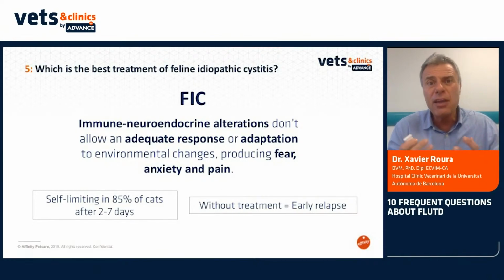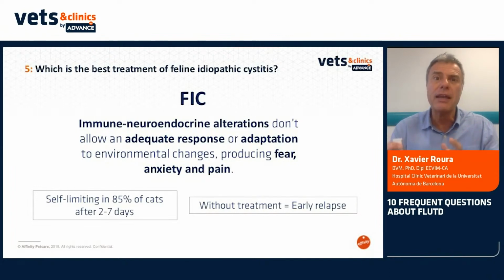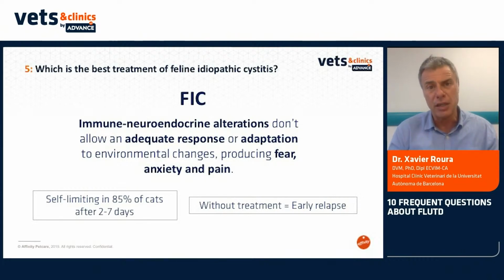We can make changes in the environment, in the diet, in the life of this cat, in order to decrease the fear, the stress, the anxiety, the pain, all of these situations. And these are the only treatment, because the cause of feline idiopathic cystitis is an immuno-neuroendocrine alteration.